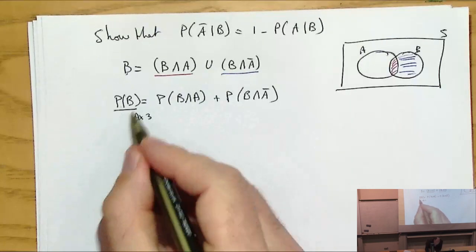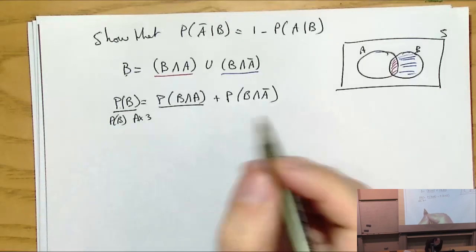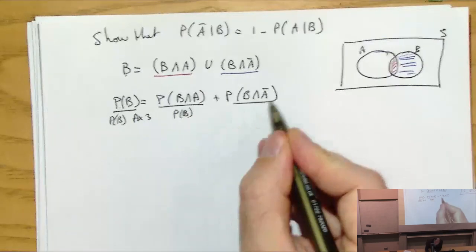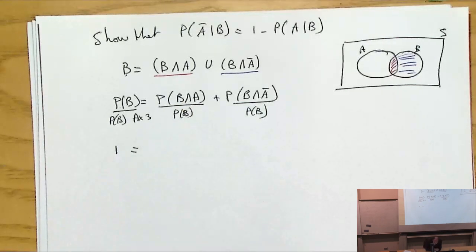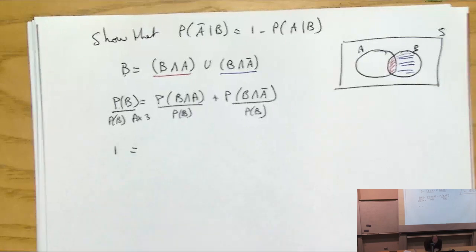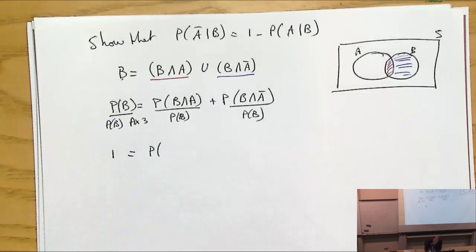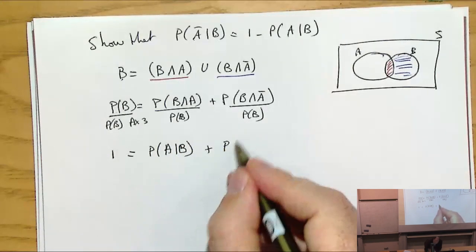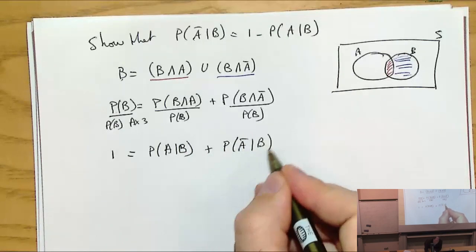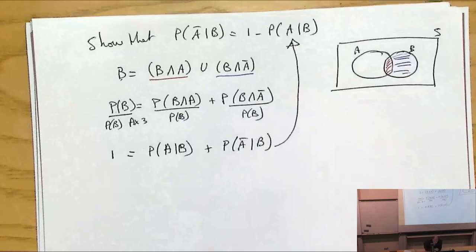Now let's divide by P of B. So what we get is 1 equals, what is this? P of B intersection A divided by P of B, the probability of A given B. And that's the conditional probability of not A given B. So indeed, you get this relationship.